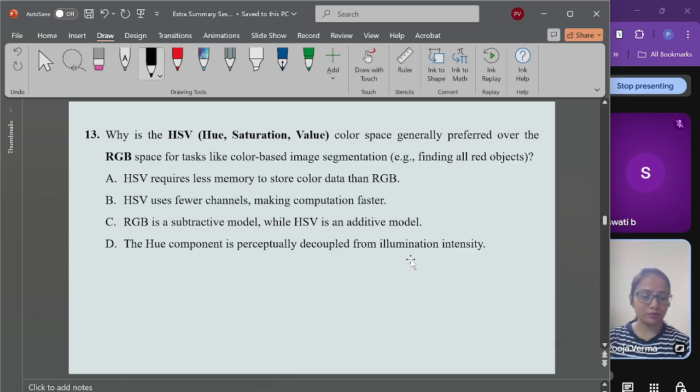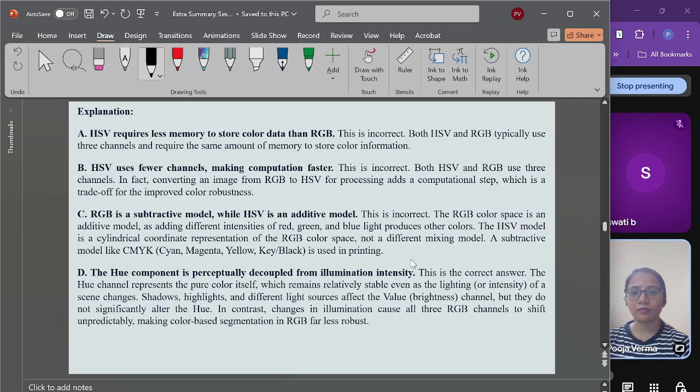Okay, so let's see the solution for this one. Here we will go option by option. HSV requires less memory to store color data than RGB. This is incorrect because both HSV and RGB typically use a three-channel model, and that requires the same amount of memory to store the color information.